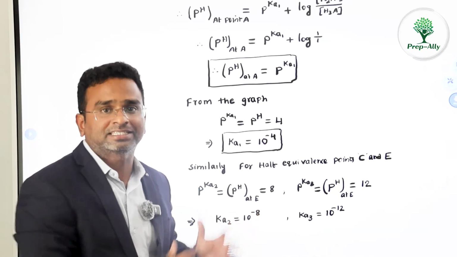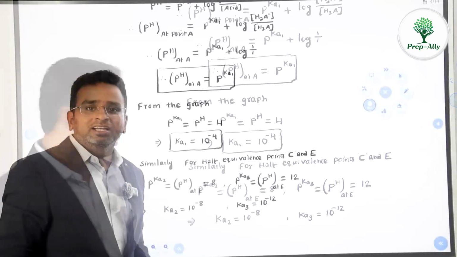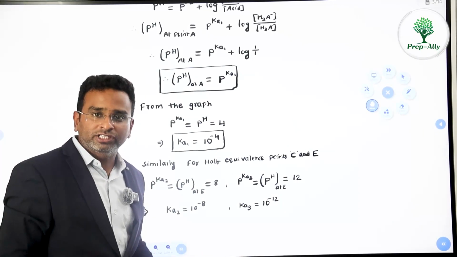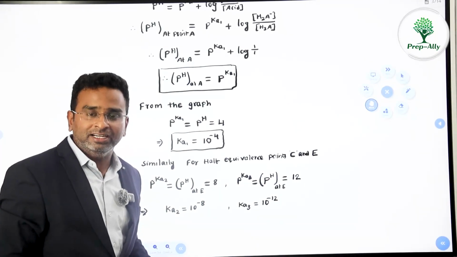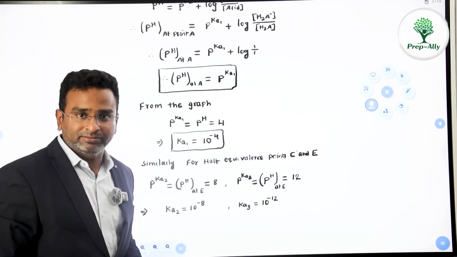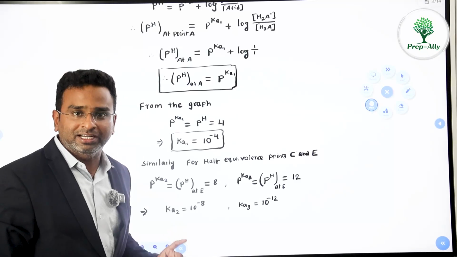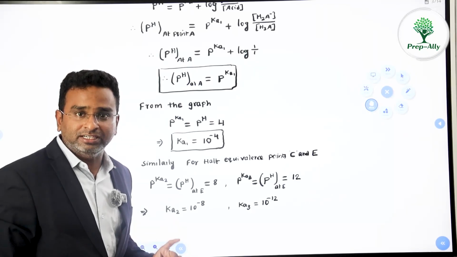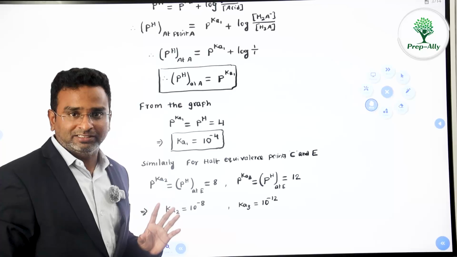Right? This is the first segment of this problem. In this first segment of the question, we could find Ka1, Ka2, Ka3 of triprotic acids by using the pH metric curve of triprotic acid versus strong base. Right?